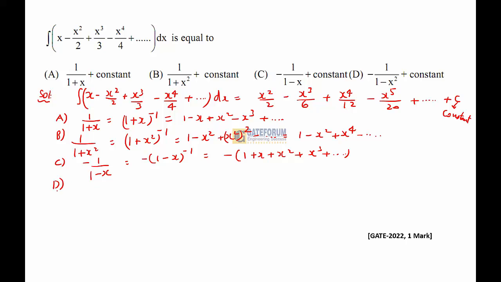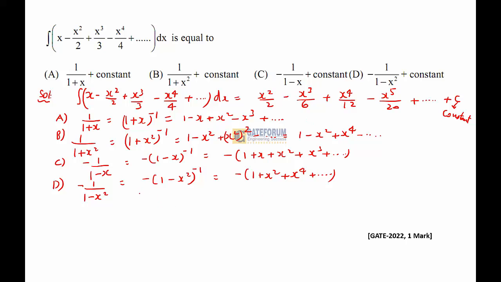D: minus 1 by 1 minus x square is equal to minus of (1 minus x square) whole to the power minus 1, so this is minus of (1 plus x square plus x power 4 plus etc). So this value is also not equal to the value of the given integral.